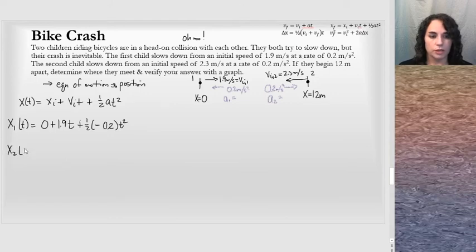I can do the same thing with the other child. The other child starts at 12, is moving in the negative direction at 2.3. And I didn't assign that over here, so I'll do that real quick. This is the positive direction. The second child is moving originally in the negative direction. And when I look at the second child's acceleration, it is pointing in the positive direction.